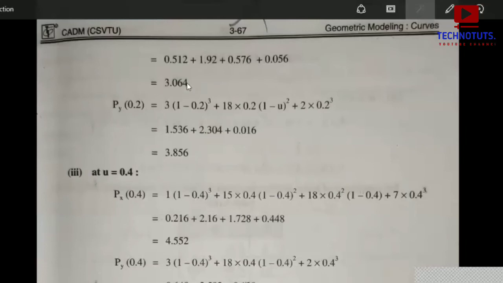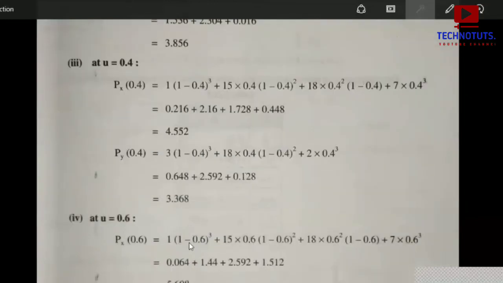So at u equal to 0.2, the coordinates are 3.064, 3.856. In a similar fashion, when we put u equal to 0.4 in the parametric equations, px of 0.4 is obtained as 4.552 and py of 0.4 is obtained as 3.368.